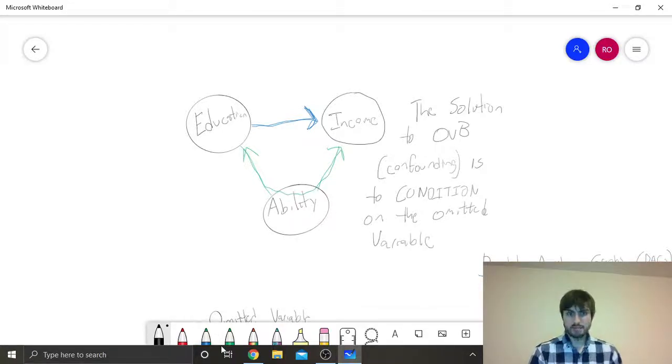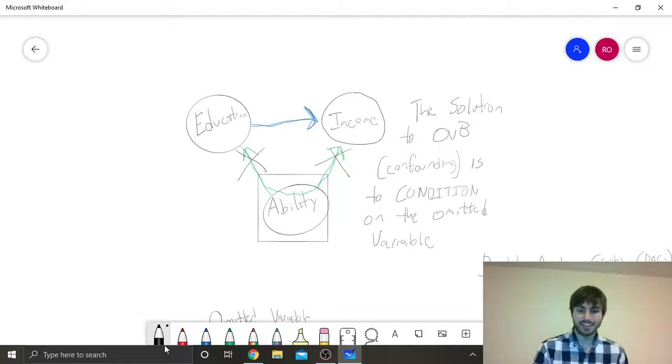What that means is that we want to only compare individuals with equal levels of ability. So maybe take a sample of people all with the same SAT score, and then look at the correlation between education and income. When we condition, we can draw a box around it. And when we condition on a variable, that blocks out the backdoor path.